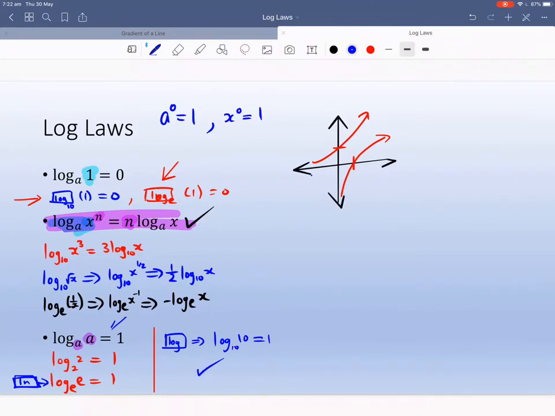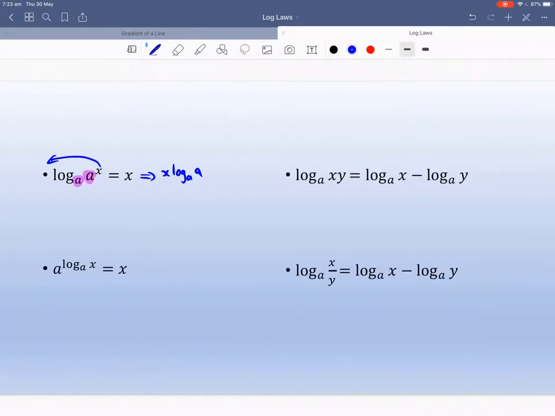Okay, and so we get x. Now, inversely, this is true too. Try this one in your calculator. Press ln, so log to the base e, and then put e to the power of 17, and see if the answer is 17.